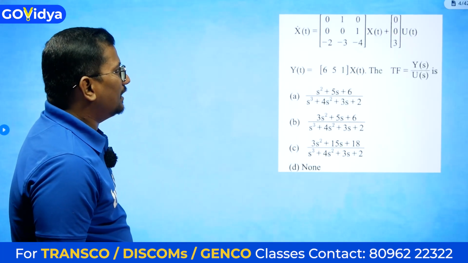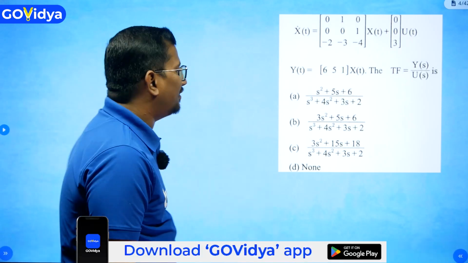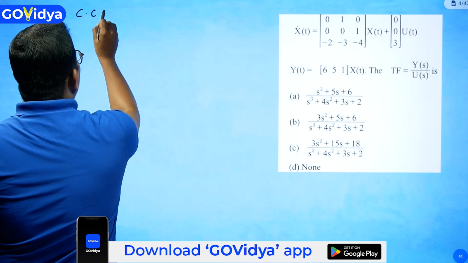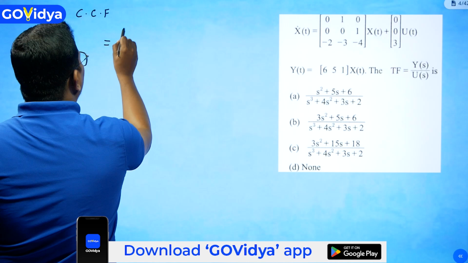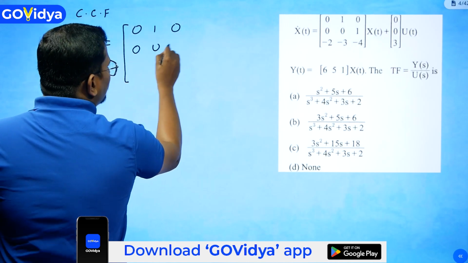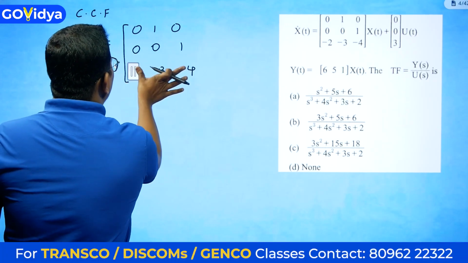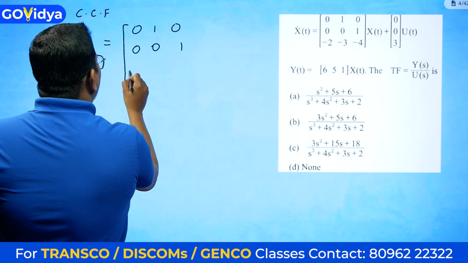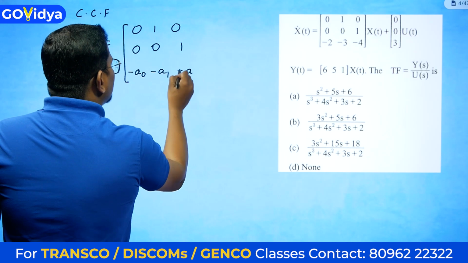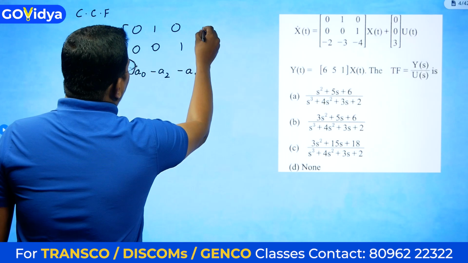So in this question, if you see, it is in our standard form. What is that? In standard form, our equation. So what is that standard form? It is a controllable canonical form. How do we generally represent controllable canonical form? 0, 1, 0, 0, 0, 1, minus 2, minus 3, minus 4, or in generalized manner, minus A0, minus A1, minus A2.